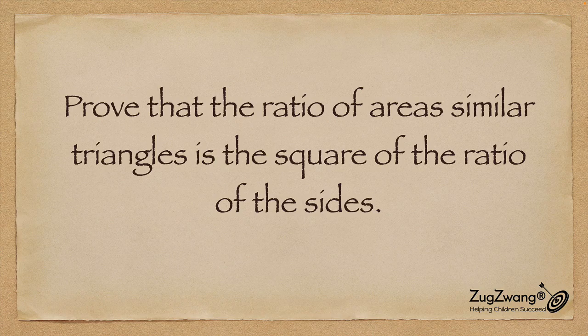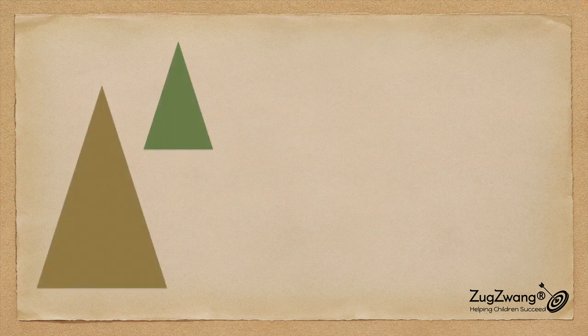So I need to prove that the ratio of the areas of similar triangles is the square of the ratio of the sides. Let's do that. Let me take two triangles which are similar, one brownish and one greenish.